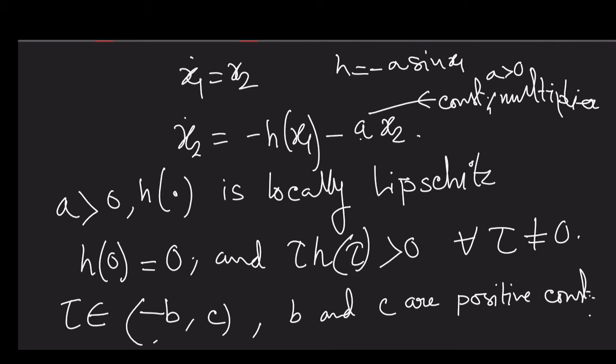Now we encountered that in the case of the pendulum, had we considered a very straightforward and naive formulation for forming our Lyapunov function, it would need to be like half x1 square plus half x2 square. But this is quite the opposite.